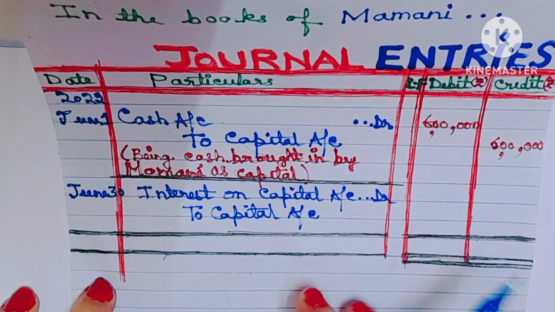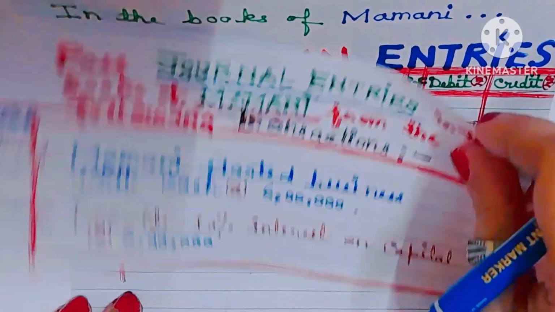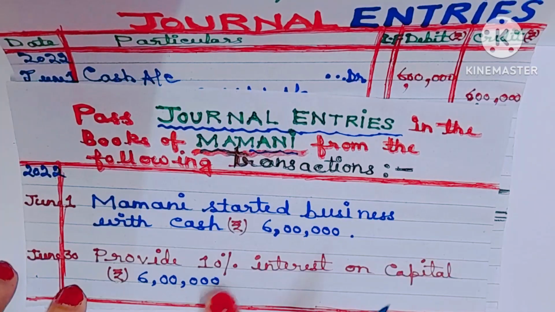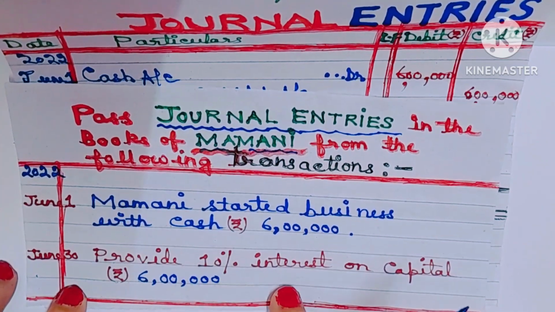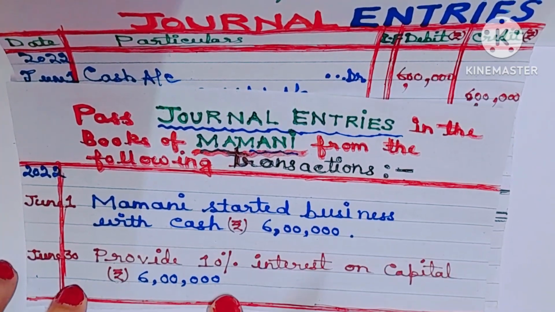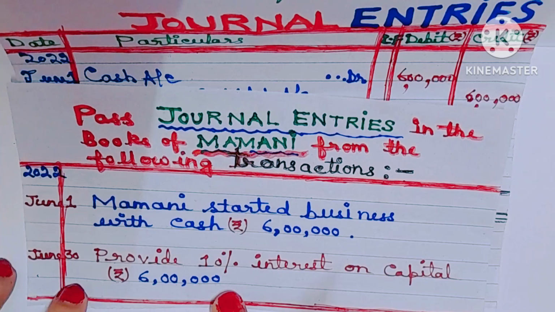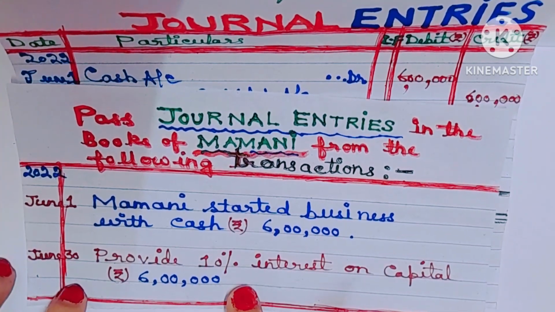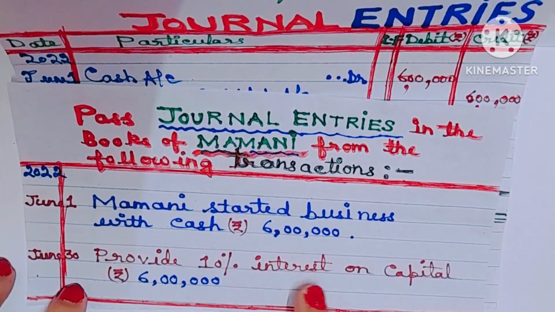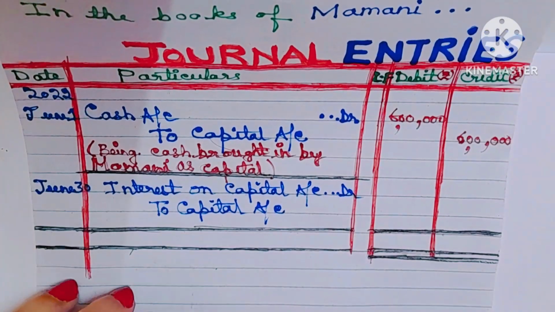Now what is the amount? Let me see the transaction. See, 30th June provide 10% interest on capital account. That is 6 lakhs into 10 by 100 will give you 60,000. Understood? So we'll calculate here.